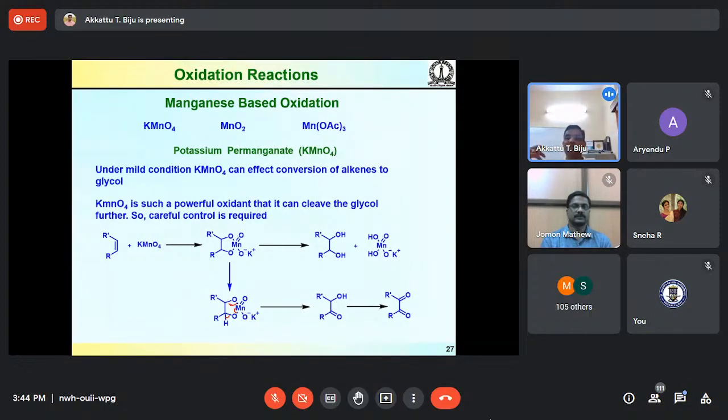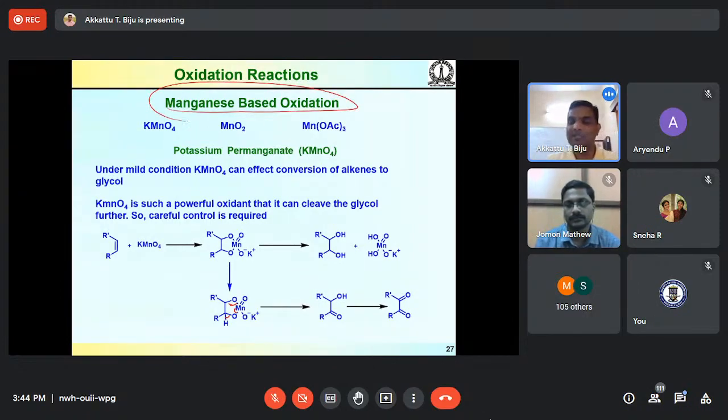So at the end of the reaction, you can add water to the reaction mixture so that all the chromium reagents, the unreacted PCC and all the chromium residue will dissolve, so that it is easy to separate the organic compound from the inorganic residue. So now we will move to the manganese containing oxidizing agents.